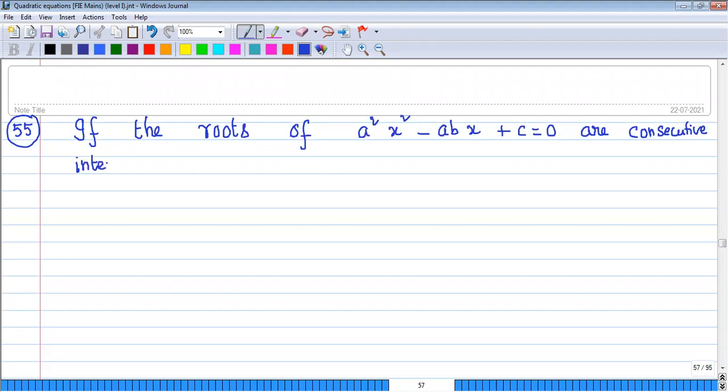Consecutive integers means they differ by 1. Difference of the roots is 1. That means then b square minus a square equals to: first option c, second option 2c, third option 3c, fourth option 4c.